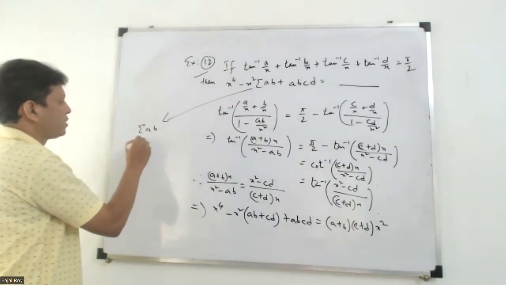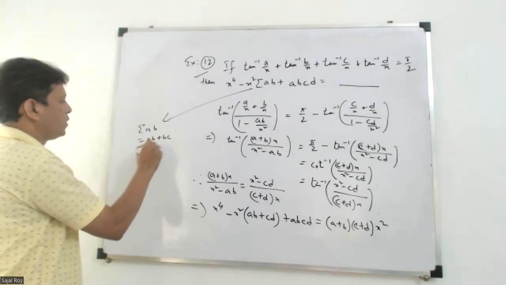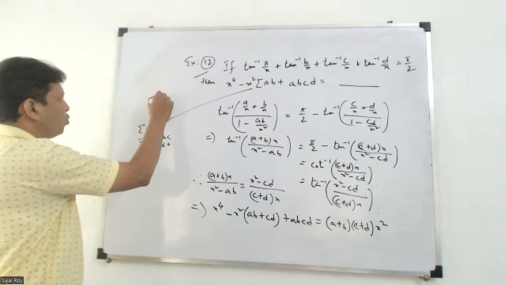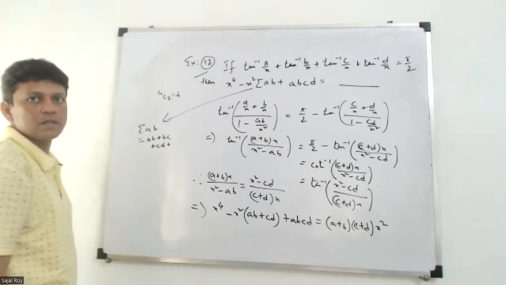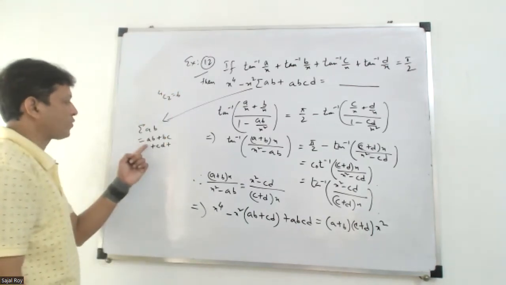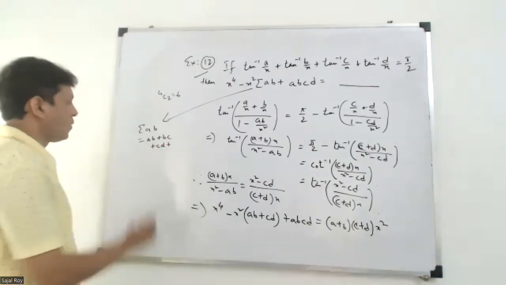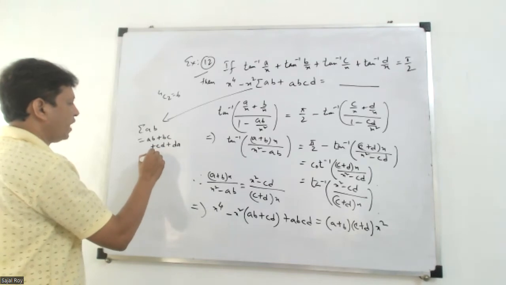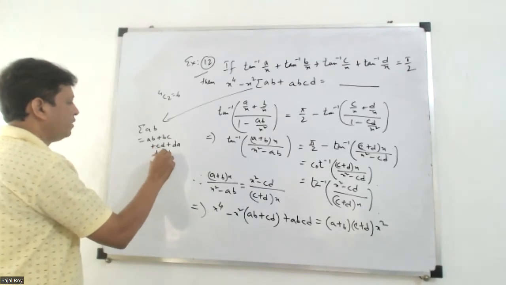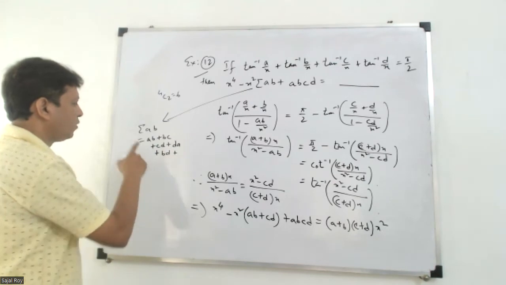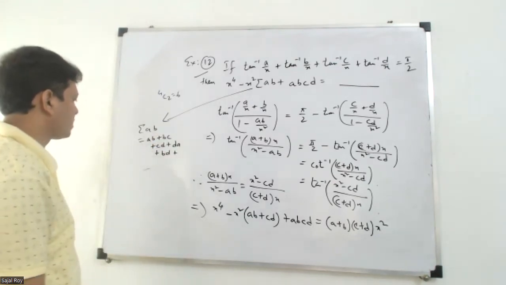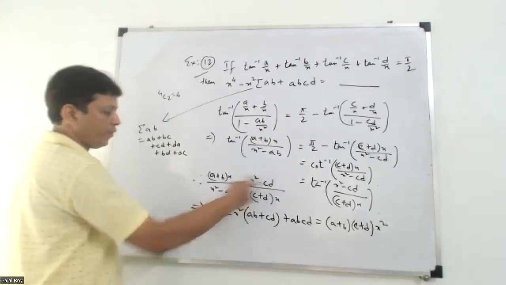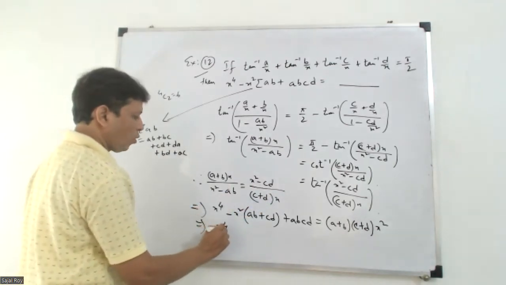It means ab plus bc plus cd and so on, all the 4C2 terms, 6 terms: ab, bc, cd, da, bd, and ac.